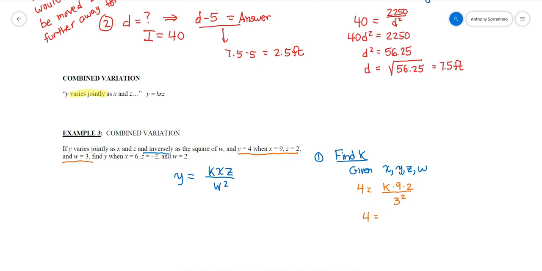So right now I have 9 times 2 times k is 18k. 3 squared is 9. So this ends up becoming 2k. So I know that 2k equals 4. Dividing both sides by 2, I get that k would equal 2.